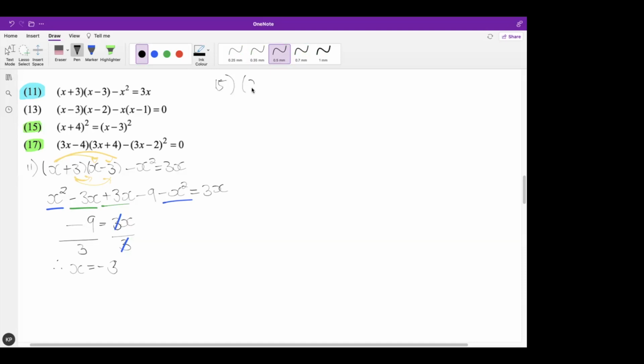So in 15, we have x plus 4 squared equals x plus 4. Nope, x minus 3. Jeez. X minus 3 squared. Great. So this squared means you have your two brackets that are the same kind, right?